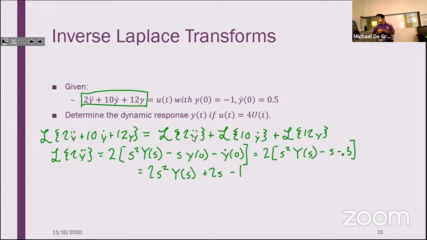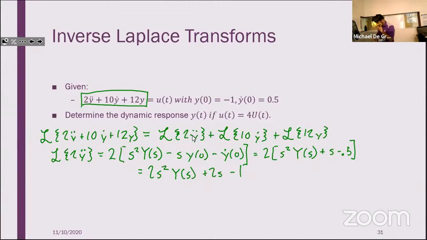All I did was plug in -1 for y naught and 0.5 for y dot naught, and then I multiplied through by 2 because there was the 2 out in front of everything. That is the Laplace transform of the second derivative of y.